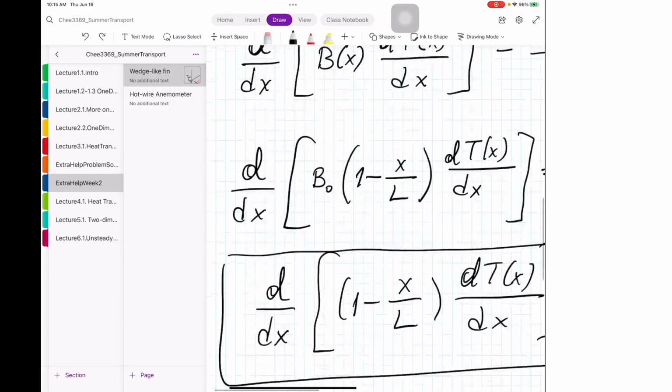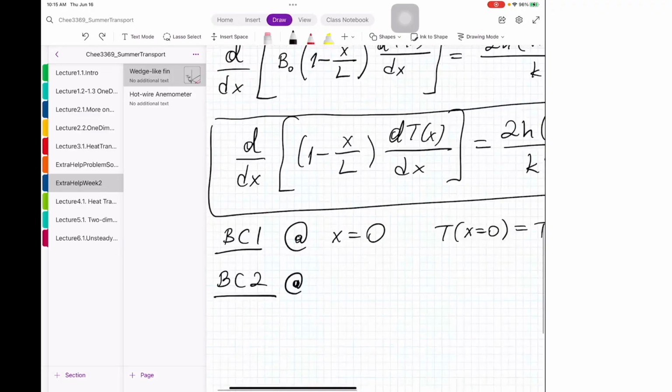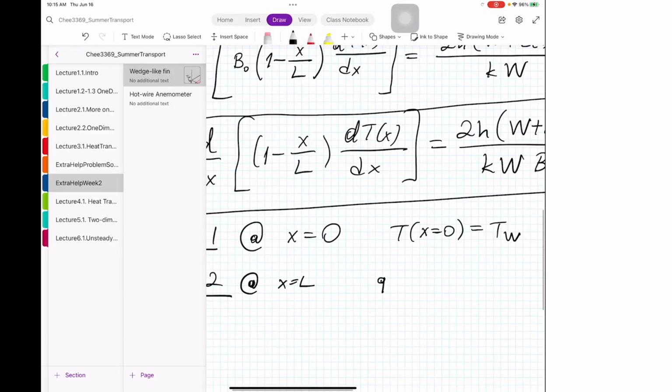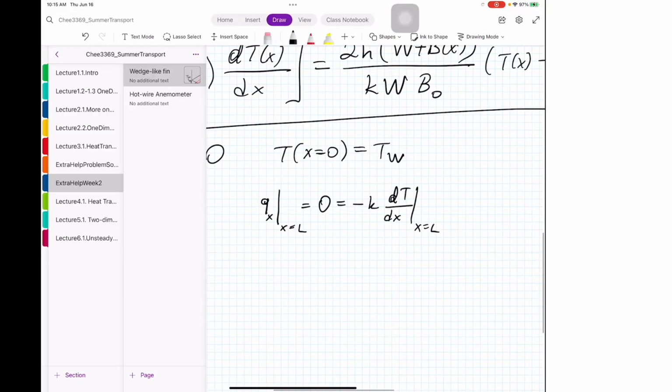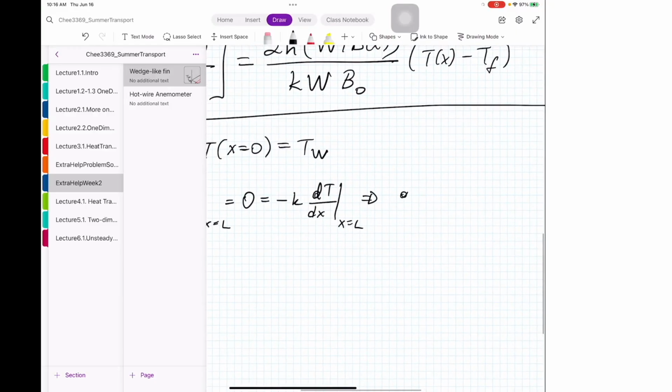So from Fourier's law, you can get at x is equal to L, qx is equal to 0, and that's equal to minus k dT over dx at x is equal to L. So from here, at x is equal to L, you get dT over dx equals 0.